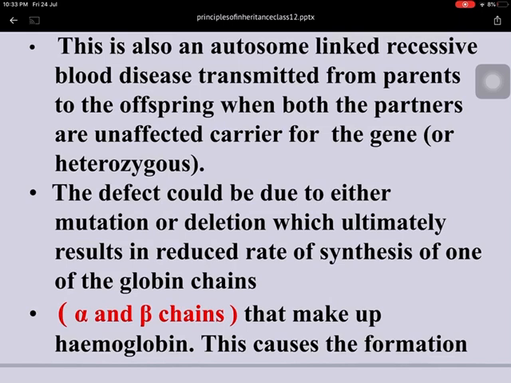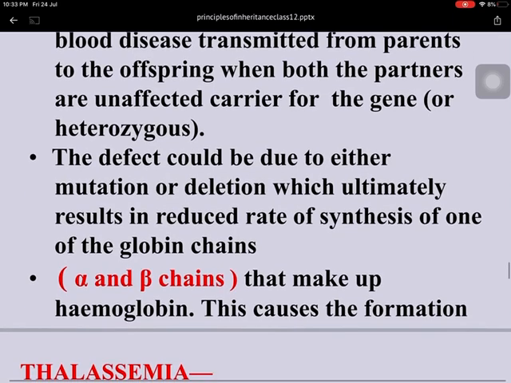The alpha and beta chains of the globin help to form hemoglobin. This causes the formation of abnormal hemoglobin molecules and results in anemia. That is also a character of the disease.